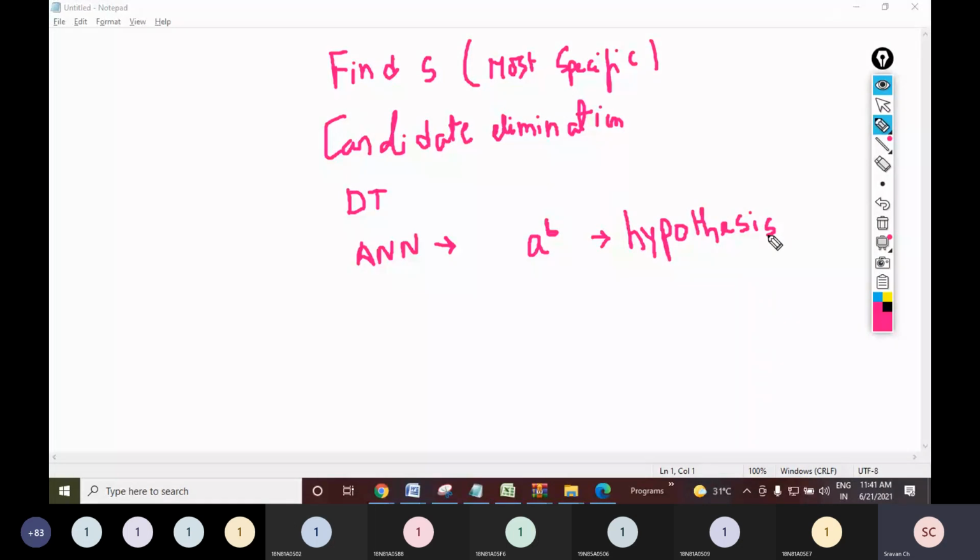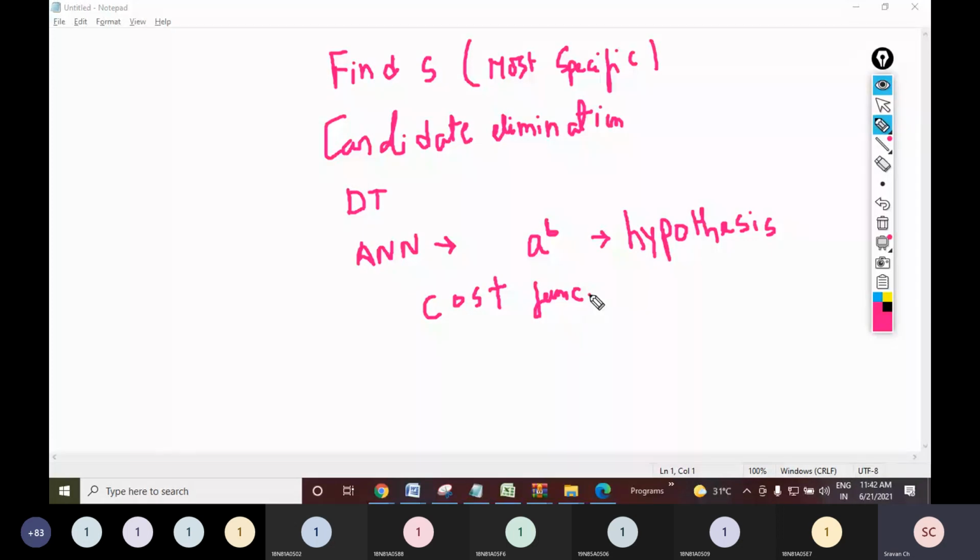So what we want is a hypothesis which can offer minimum possible errors. How do you estimate that error? That is the cost function which we have seen. In artificial neural networks, it is the cost function which estimates errors, so we try to minimize our errors.